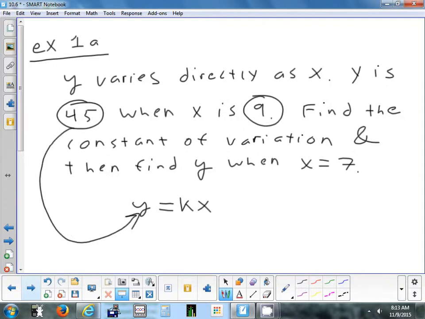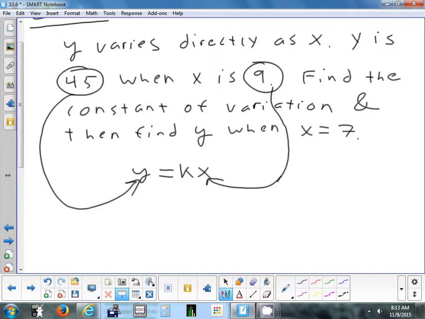And Victor, what am I going to do with the 9? Well, read that first sentence again. Yeah, it says x is 9. So we're going to fill that in for x, and now we're going to find k. That's the constant of variation. All right, so fill it in.